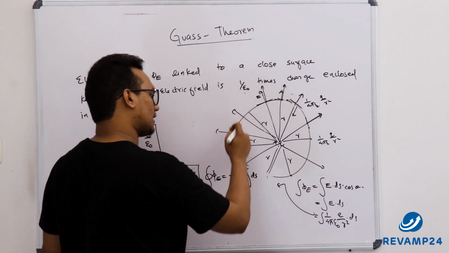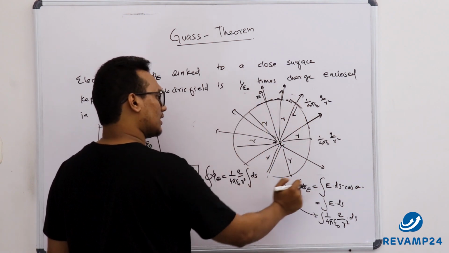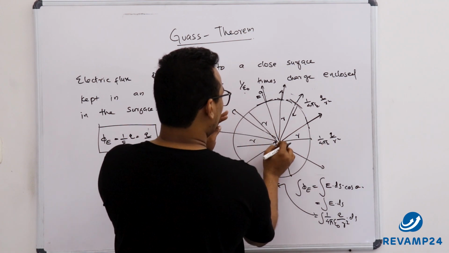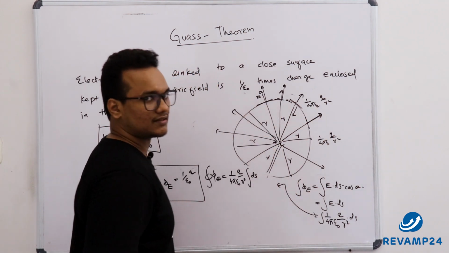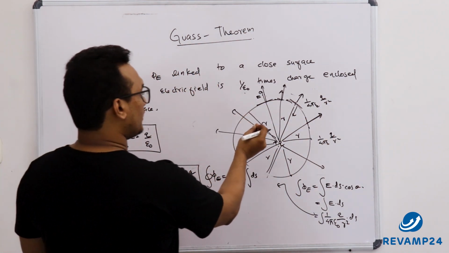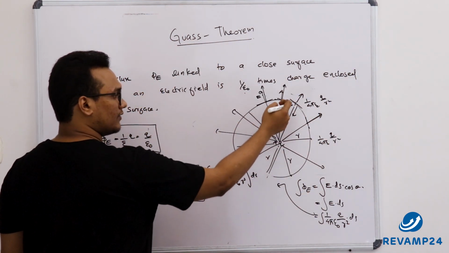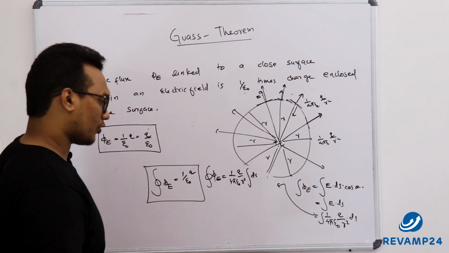Now what is the total? Integral ds means the total area. See, this is a three-dimensional surface around the point, it's a sphere. That point is now enclosed by a sphere. What is the total area of a sphere having radius r? It is 4 pi r square.